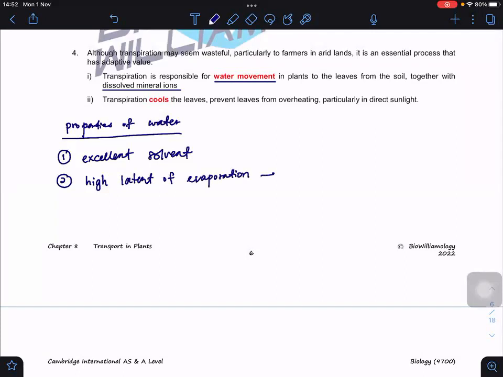Because of this property, the evaporation of water from the surface gives the plants what we call the evaporative cooling effect. Are you clear? Because water molecules have high latent heat of evaporation.